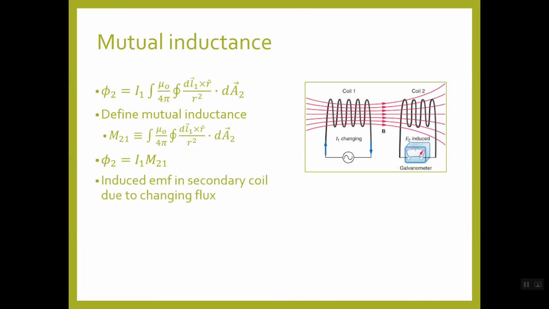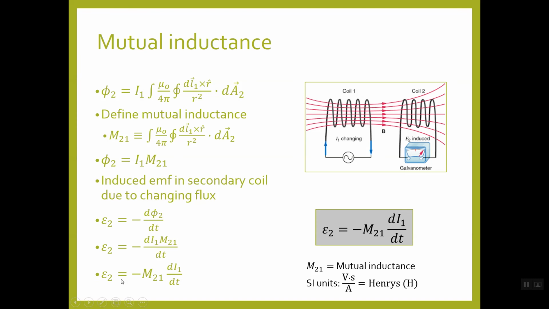So the induced EMF in the secondary coil is due to the changing flux. So if we now substitute phi2 is equal to I1 M21, we get the induced EMF in the secondary coil, E2, is equal to minus this mutual inductance times the change of current in the primary coil.